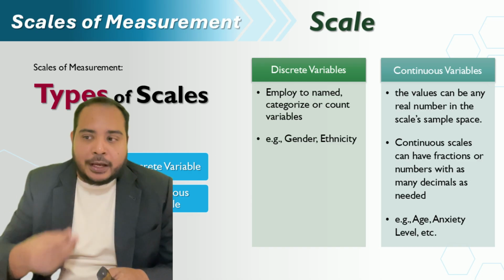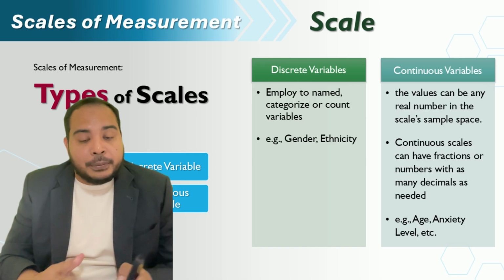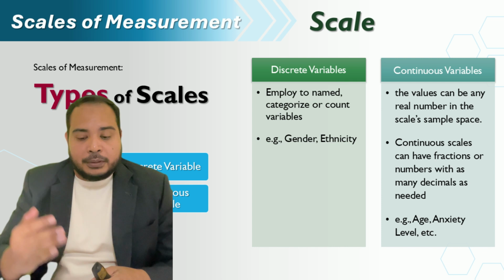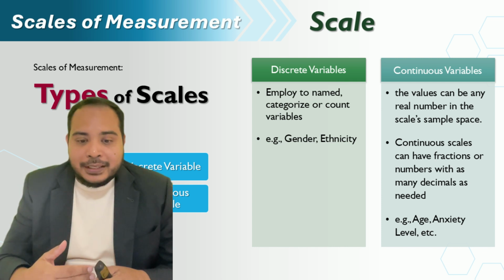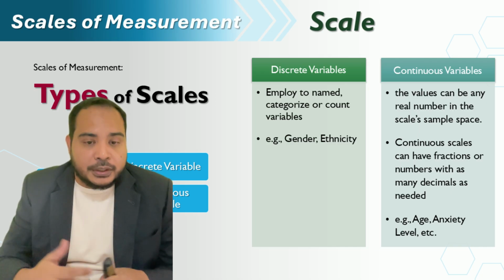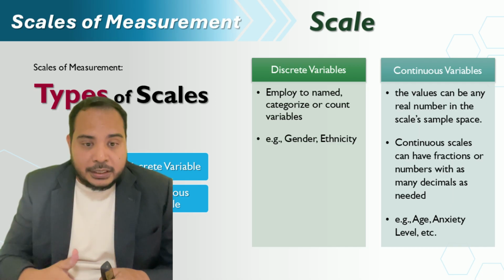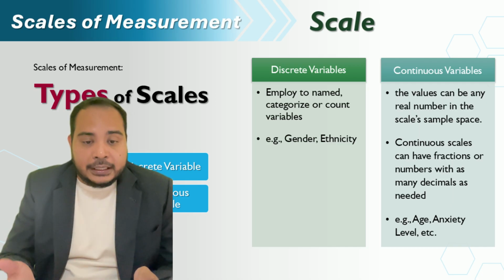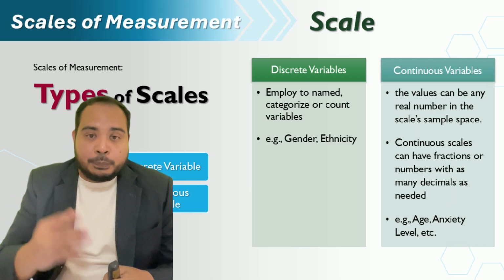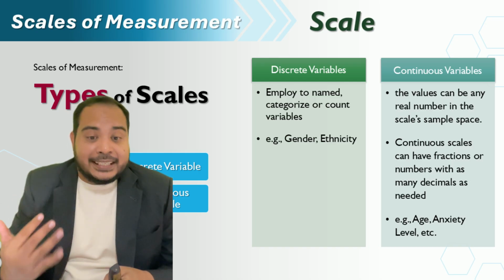Sometimes this naming may be a little bit confusing. For example, level of study. Usually when we collect data among bachelor degree students, we want to know their level of study, whether they are first year, second year, third year, or fourth year. So they need to indicate what level of study they are currently in.